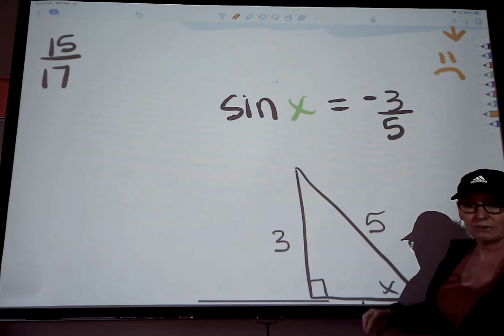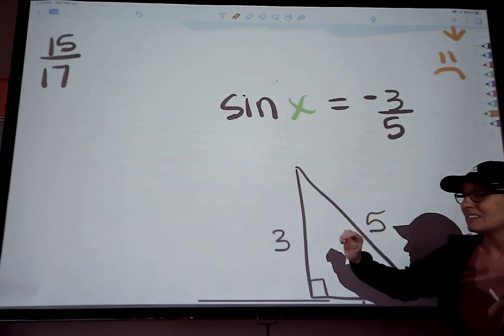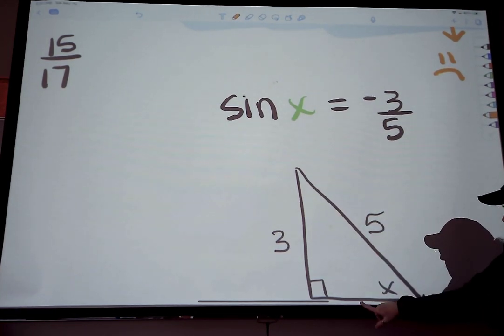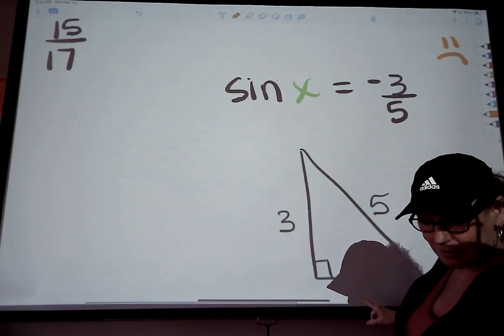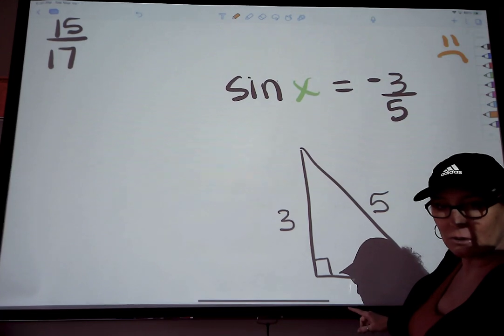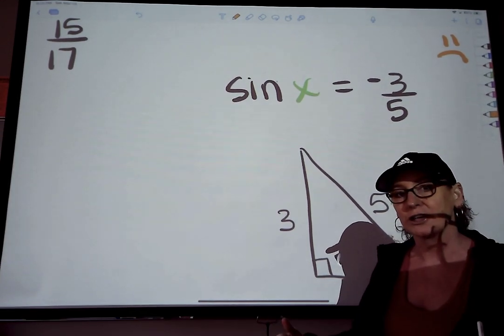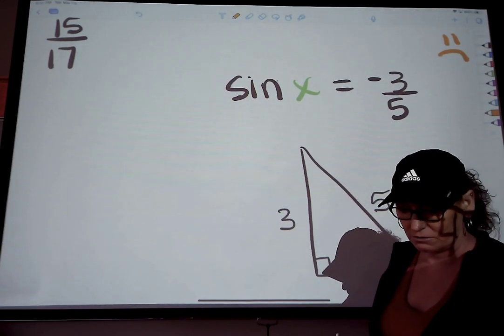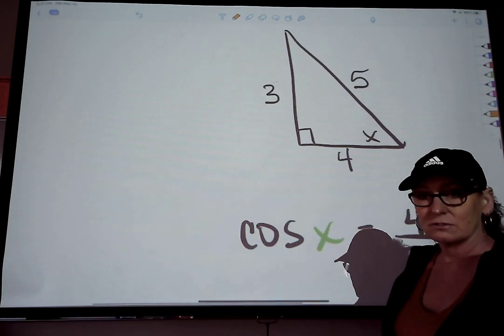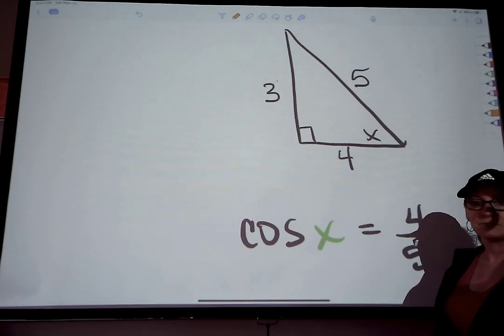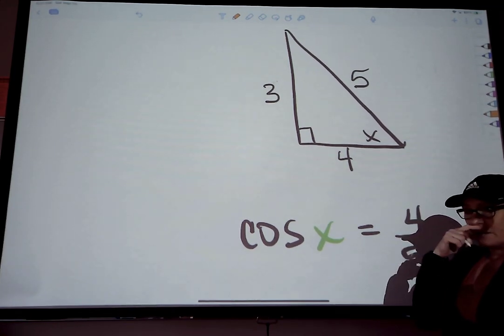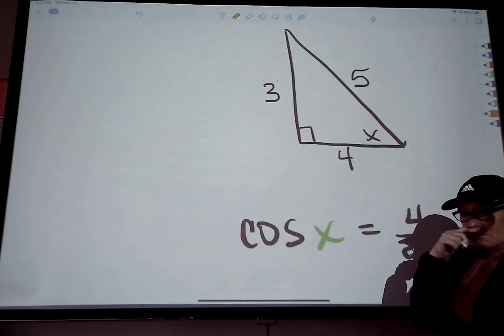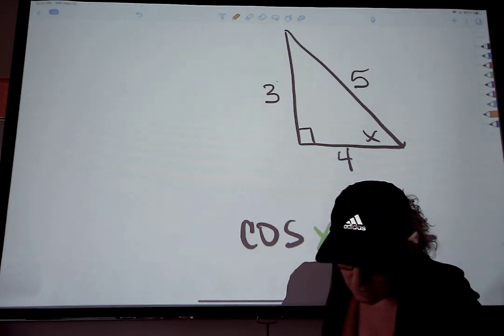So sketch a little right triangle, put your angle there. Sine is opposite over hypotenuse. I wonder what that side is. Pythagorean theorem will tell you it's 4. Now, what's your cosine fraction for that angle? Adjacent over hypotenuse. But I wonder if it's supposed to be positive or negative. Hold that thought.